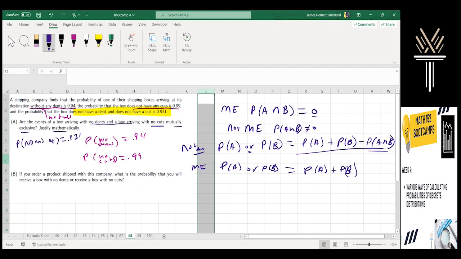Okay. Well, if we're going to prove this mathematically, all we have to figure out is, can we do the probability of A or the probability of B? That would mean that if I do the probability of no dents and no cuts, can I do 0.94 plus 0.99?